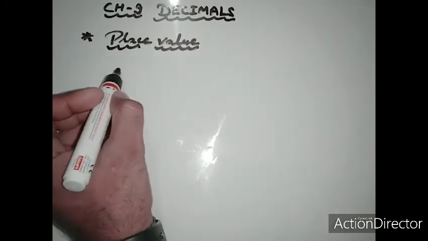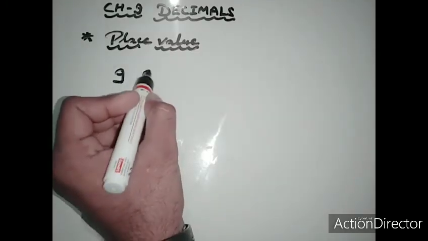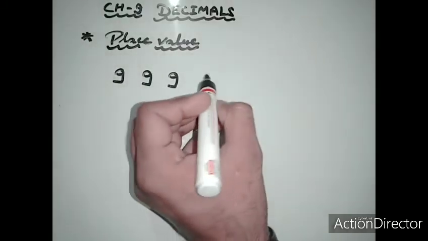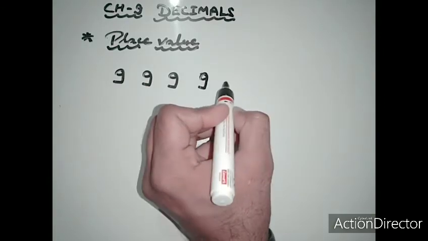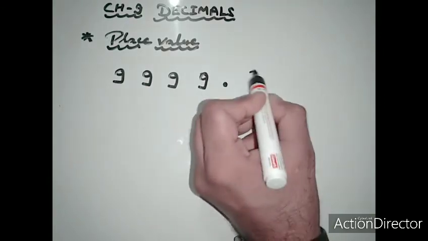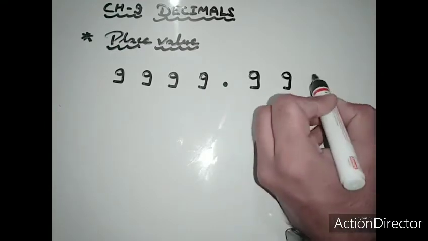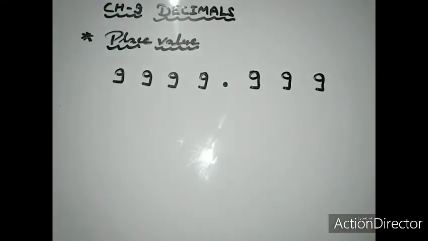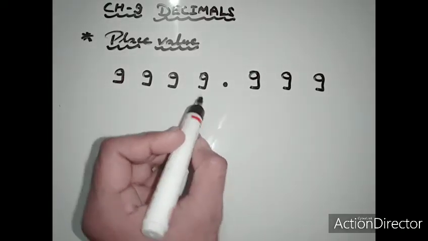Now here we take some numbers: 9.999, right? So dear students, remember one point here: a decimal number has two parts.